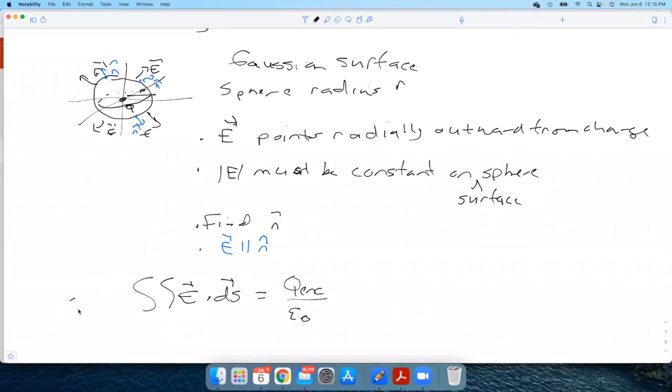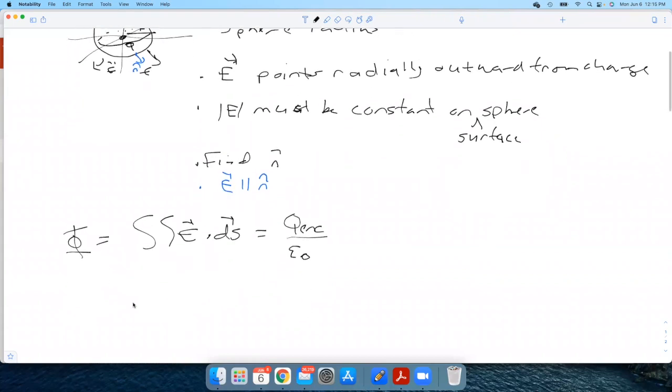This is my flux through the surface on the left-hand side. Because E is parallel with my surface vector, because these two vectors point in the same direction, the dot product is just the product of the magnitudes.